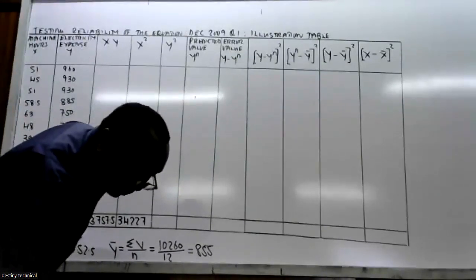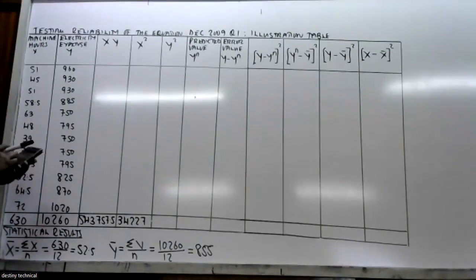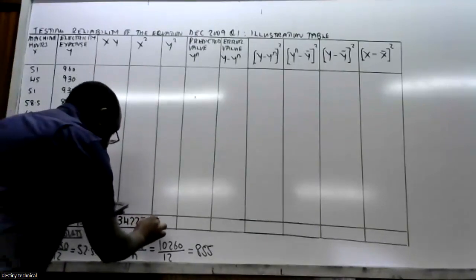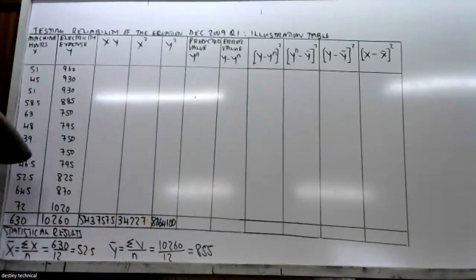Okay. Y squared, we do the same thing. 960 squared plus 930 squared plus 930 squared plus 885 squared plus 750 squared plus 795 squared plus 750 squared plus 750 squared plus 795 squared plus 825 squared plus 870 squared plus 1020 squared equals 8,864,100. Yeah, it's correct. Good.